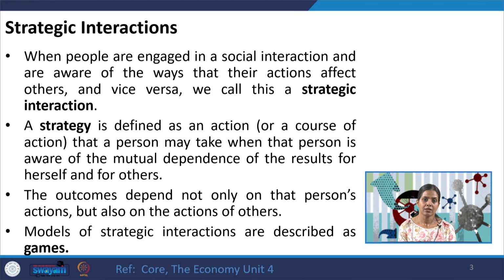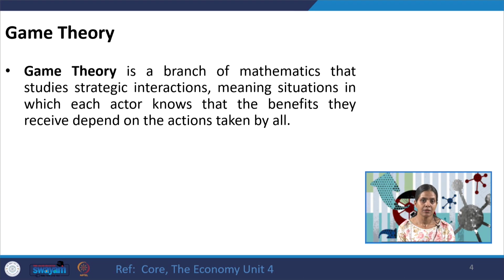Models of strategic interactions are described as games. Game theory is a branch of mathematics that studies strategic interactions, meaning situations in which each actor knows that the benefits they receive depend on the actions taken by all. So, the benefits, which we call payoff in this case, are not solely dependent on what I do, but also depend on what others do.